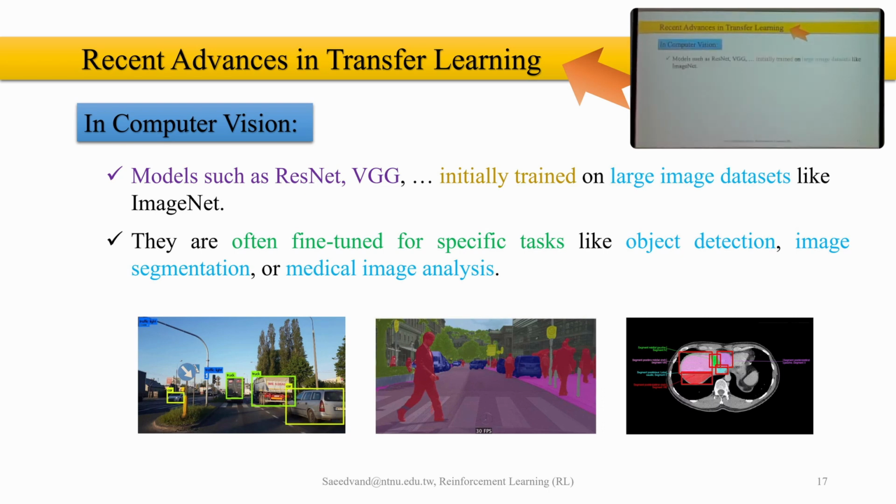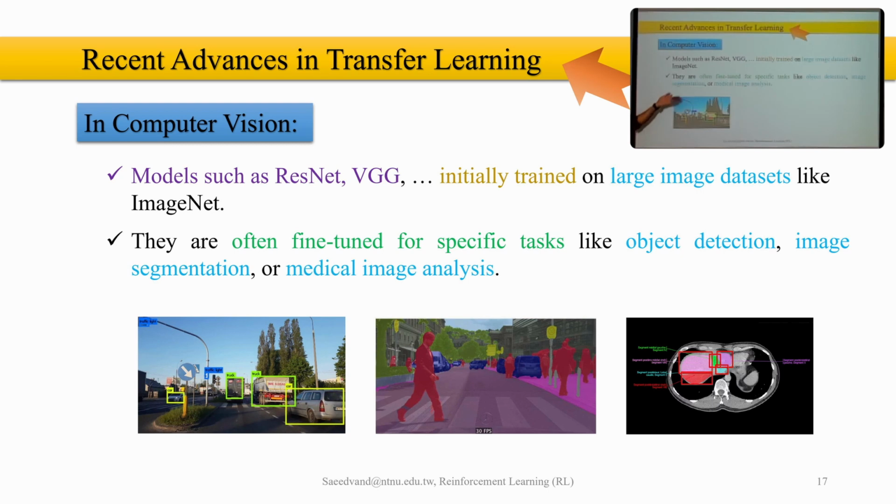What about computer vision? Models like ResNet and VGG are initially trained with large data sets. As we mentioned already, we can use them there. Then you can often fine-tune the network for a new task, for example object detection, image segmentation, medical image analysis, or whatever you need.